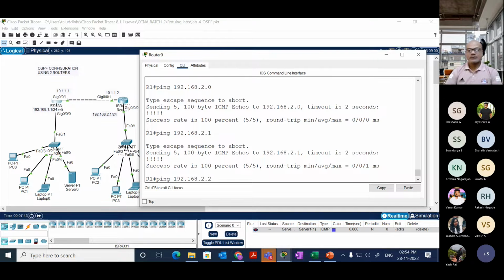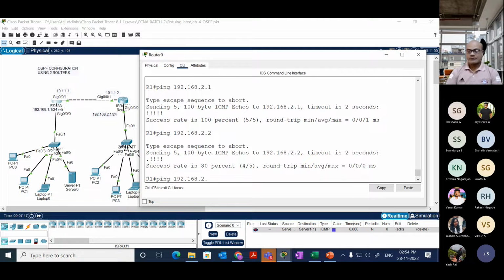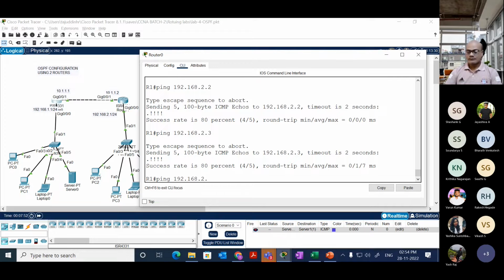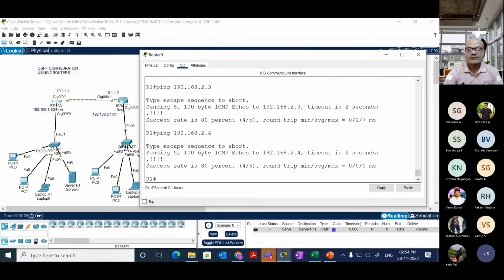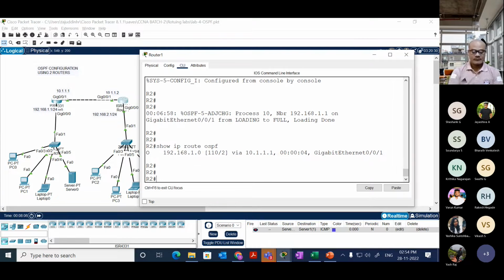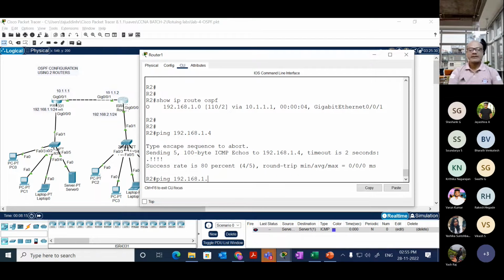I can reach 1 and 2, I can reach 3 and 4. Same thing you can check from this side. I'll ping 192.168.1.4 directly to the PC. Yes, I have reachability, right?